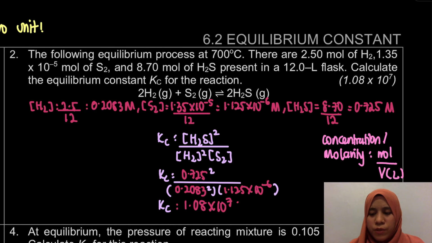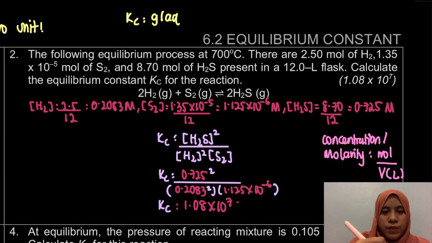So, the example on page 3 and 4 is quite straightforward actually. You have to write down the Kc or Kp. Make sure, here I'm just going to write down, Kc must be gas or aqueous, and Kp is actually gas only.